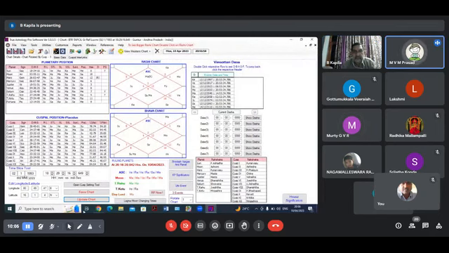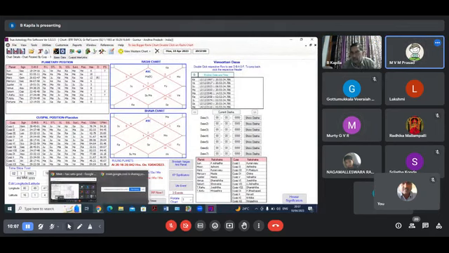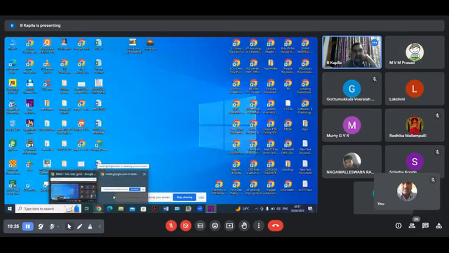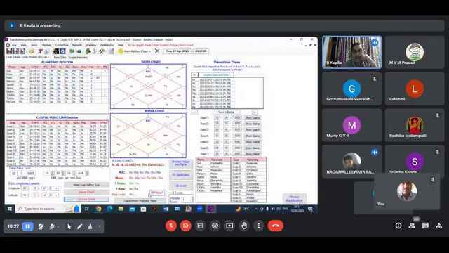Switch off the mouse only, sir. But how to switch off the mouse on a laptop? Okay, you're not using a cordless. It's on the laptop, you know. Okay, the laptop one is fine, sir.